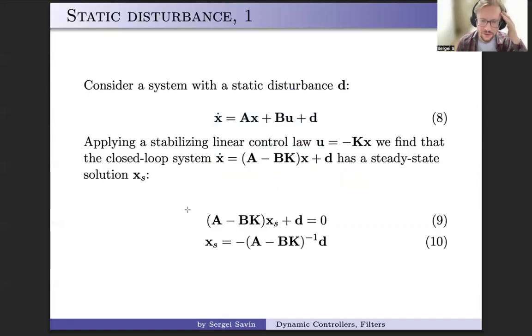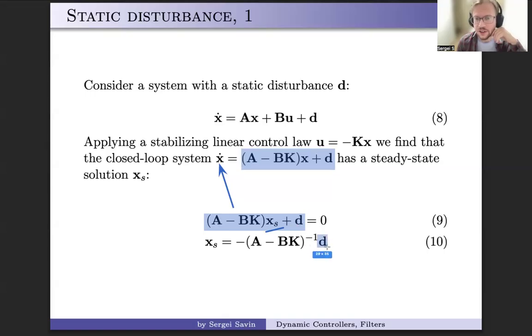Well, in fact, what's going to happen is it's going to approach a steady state solution. Steady state implies that x dot is equal to 0. Once we put it to 0, we have this equation, right? Here I use x_s to imply that this is a steady state. So from this, we can easily solve for x steady state.